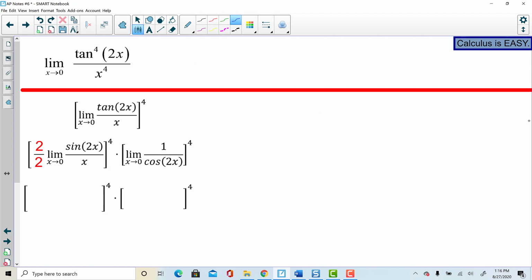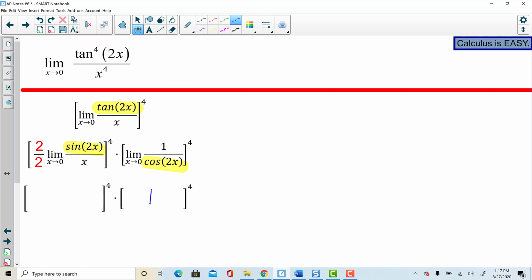Okay, earlier we did an example where you ended up squaring it, and this one is now to the power of 4. So I want to show you a little bit easier way of doing it. Since we have tangent of 2x over x all raised to the 4th power, you can just bring the limit inside and leave the 4th power on the outside. Remember, tangent is the same as sine over cosine. We also talked about plugging in 0 into cosine just gives you a 1.